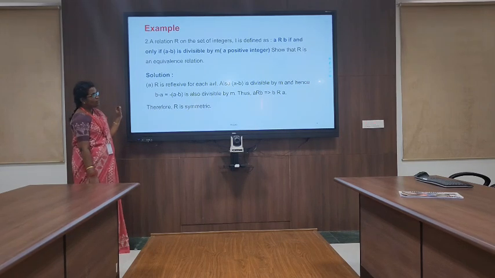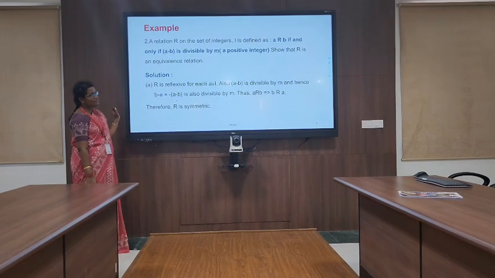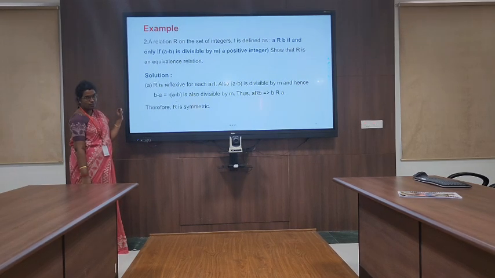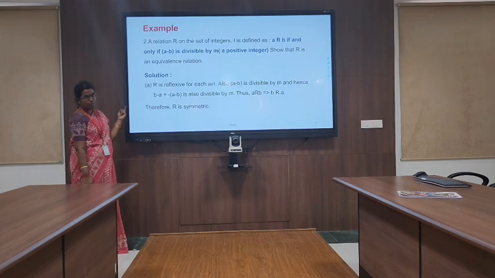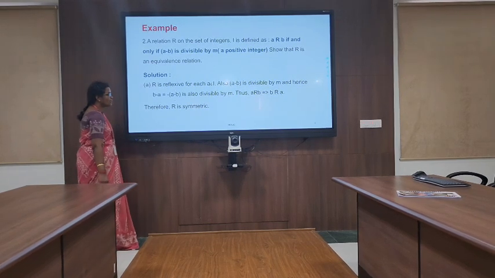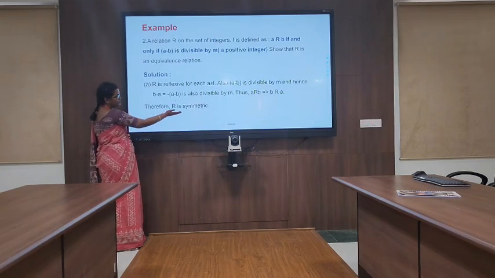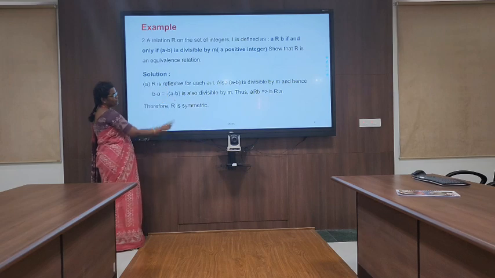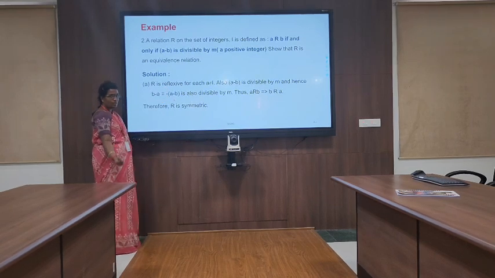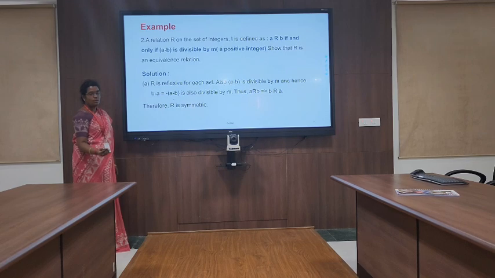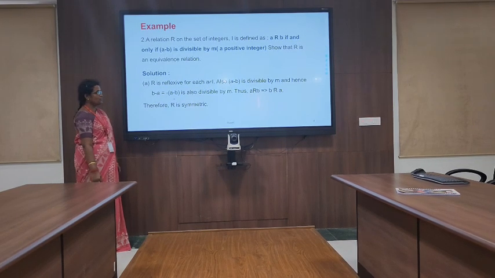So in this problem, we are going to show R is an equivalence relation. To show R is an equivalence relation, R should obey the reflexive property, symmetric property and transitive property. So let's show first R is reflexive. Any element belonging to the set of integers, say for example 1, the difference 1 minus 1, 0, is always divisible by a positive integer m.